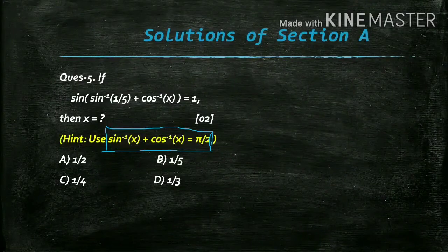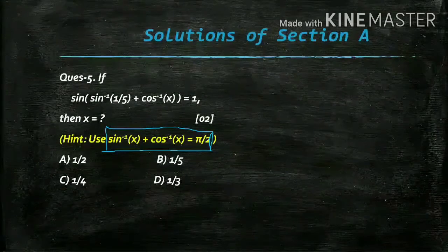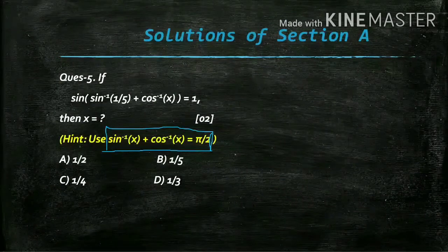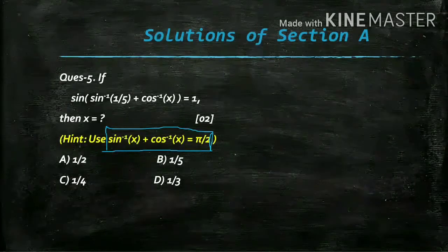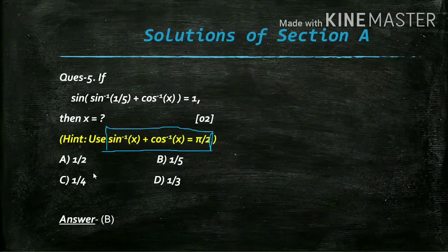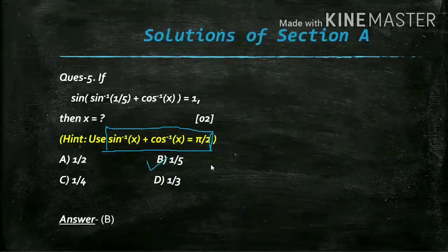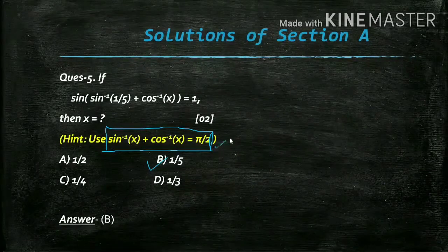I hope many of you left this question in the choice. If not, then very good, and we'll proceed to the solution. So first, let me show the answer. The answer is just 1 by 5, and we'll see how it comes. You just need to use this property, nothing else. The rest is just simple things that you do.